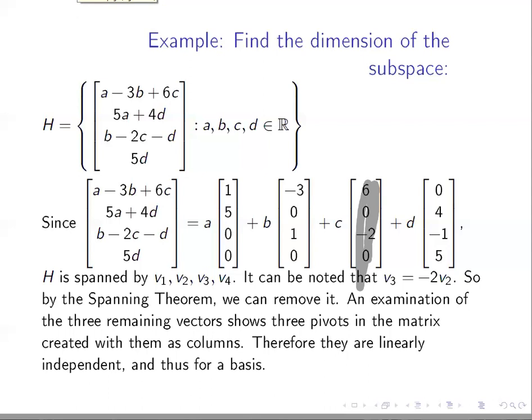For this reason, the dimension of this space is 3. The smallest spanning set of this space is a set that has 3 vectors that are all linearly independent. So this is kind of an optimization and minimization problem, a different way to think about it. All right, so that's example 1.